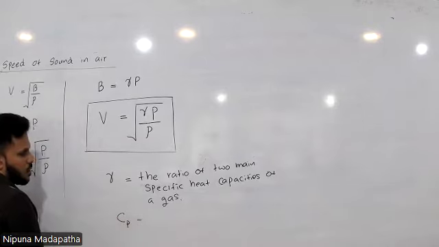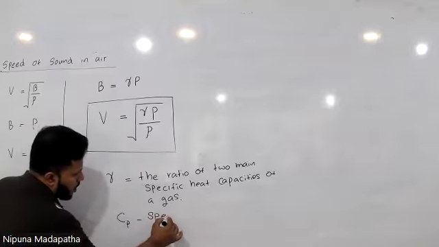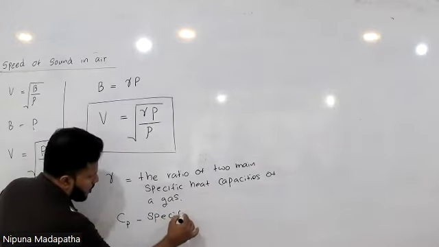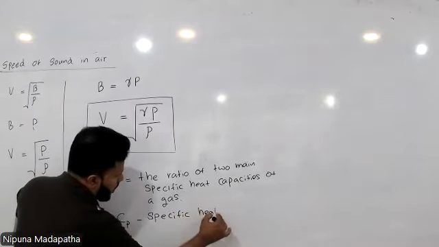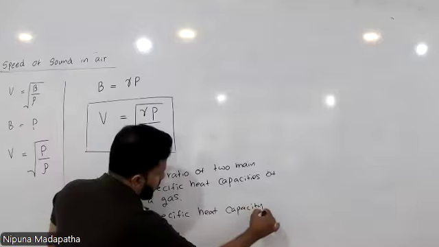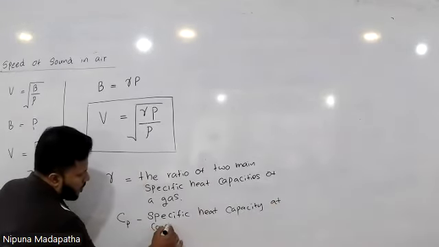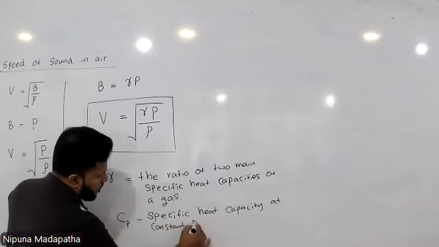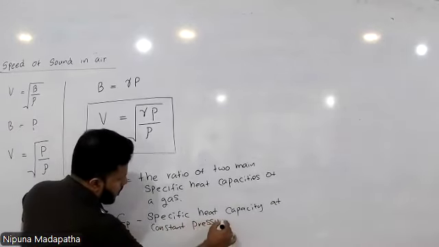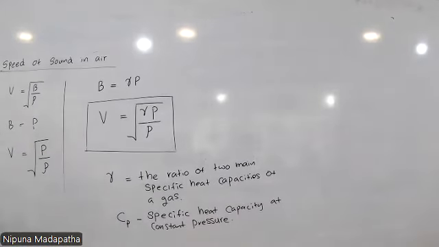One is Cp. Cp is the specific heat capacity at constant pressure.